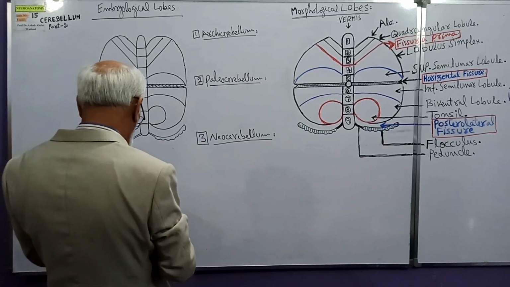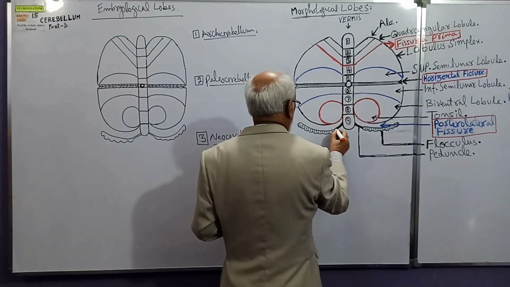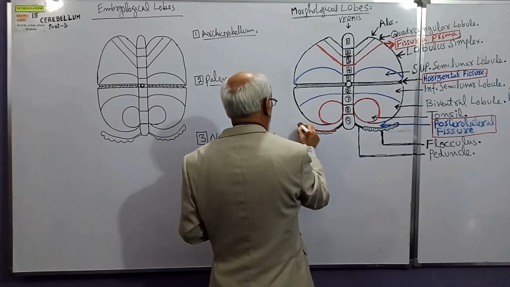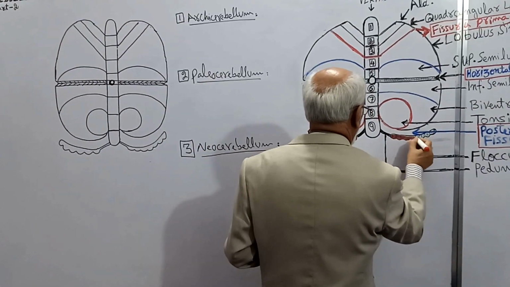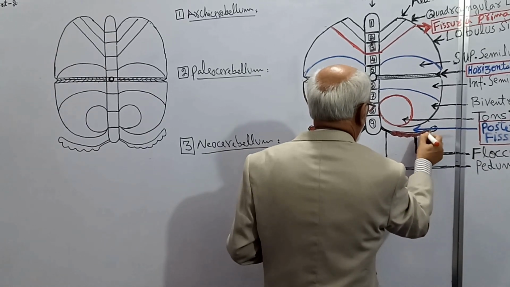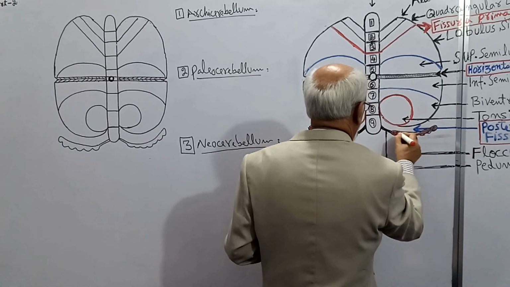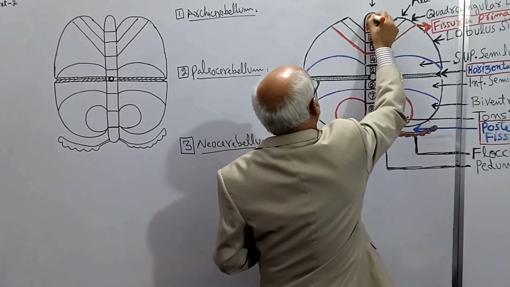Now, the archicerebellum comprises the flocculonodular lobe and the lingula of the vermis.